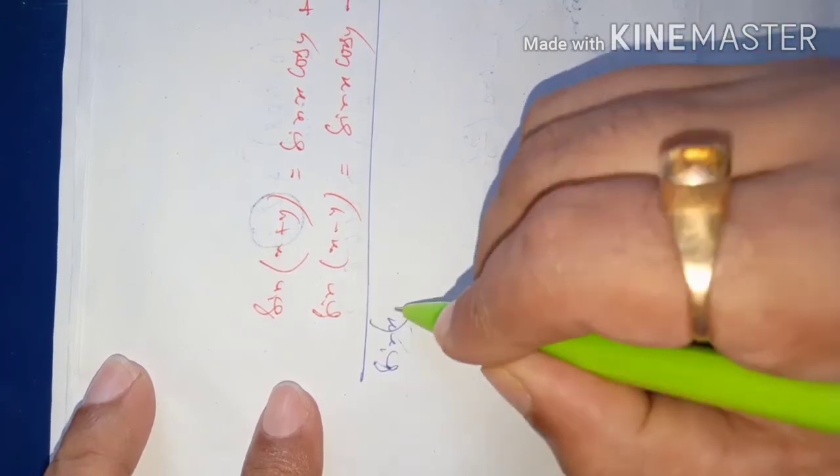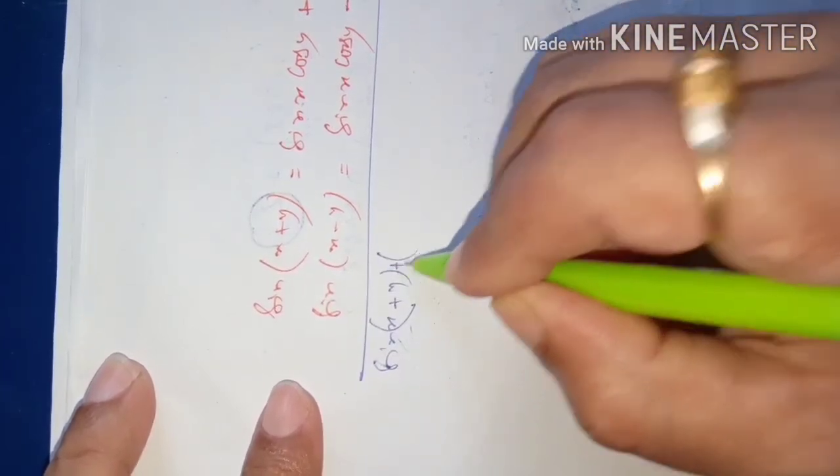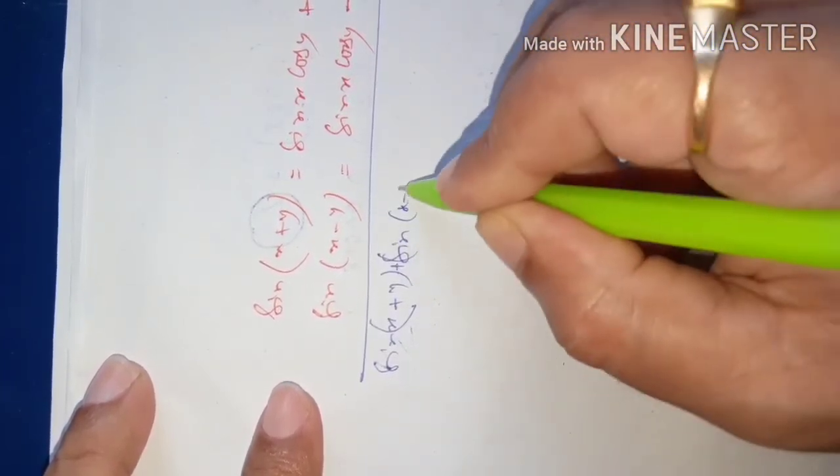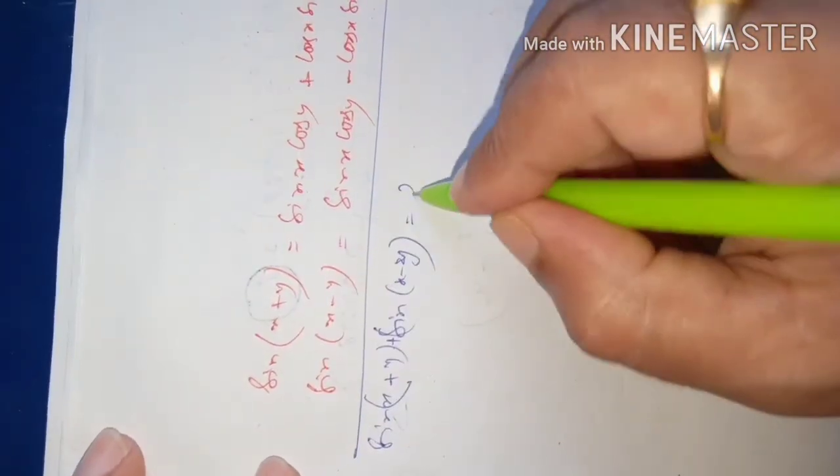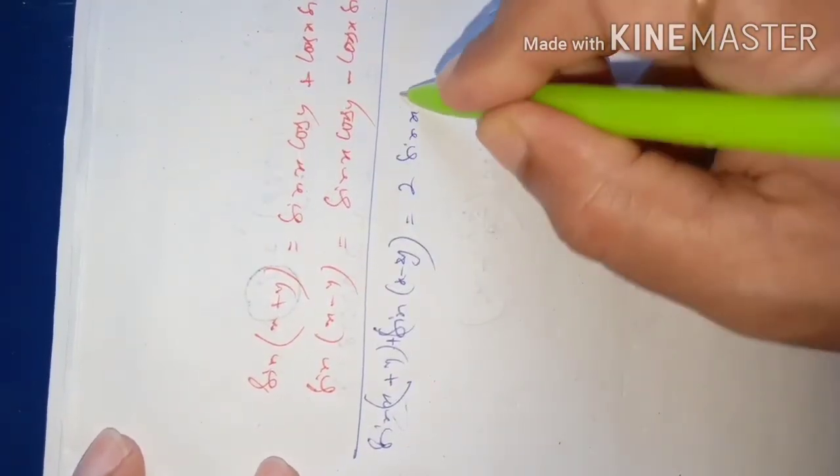Sin of x plus y plus sin of x minus y is equal to twice sin x cos y.